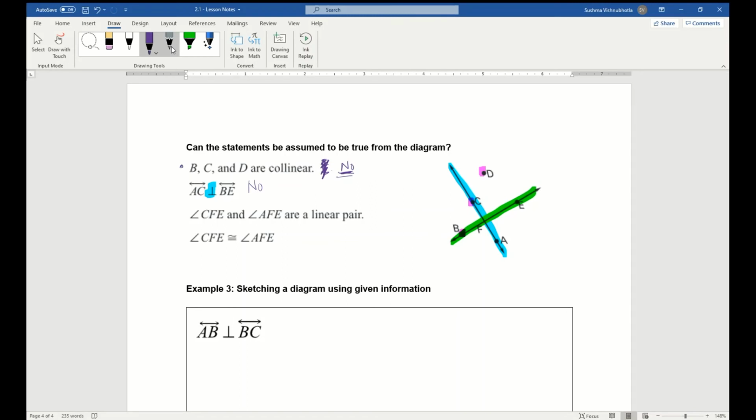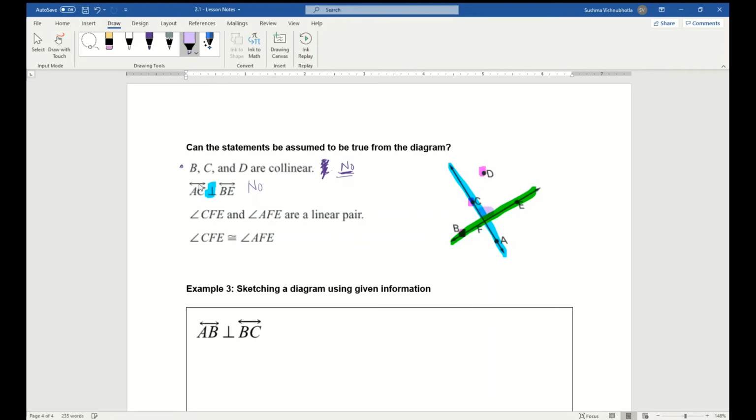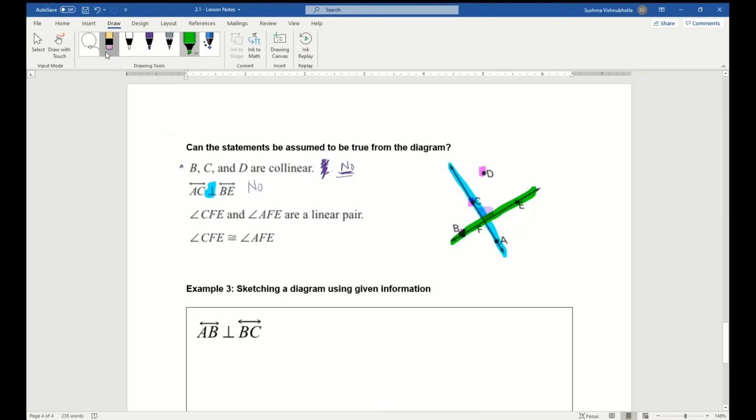Now, angle CFE and angle AFE. Whoops, that was actually the wrong angle. Hang on. So angle CFE, no, that was right there.